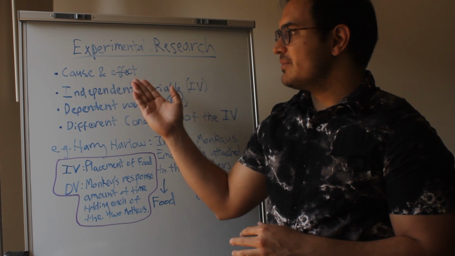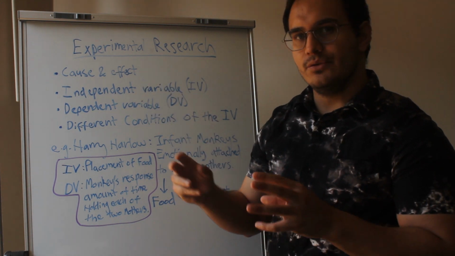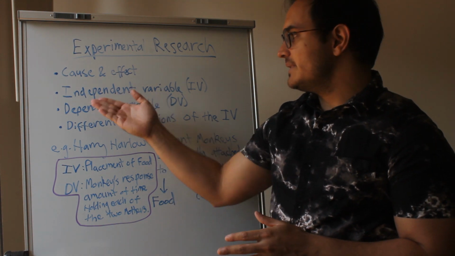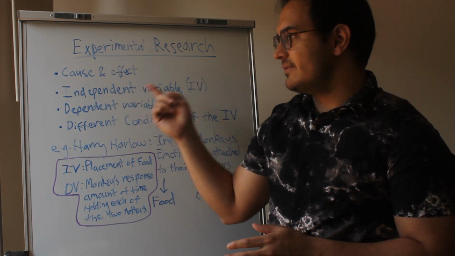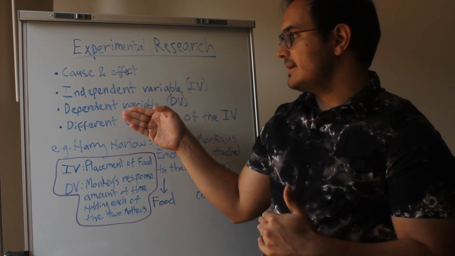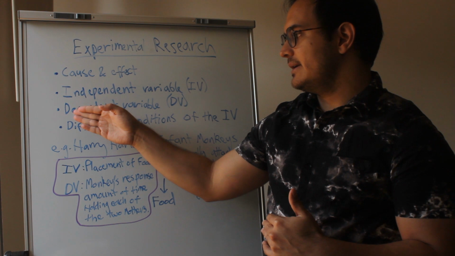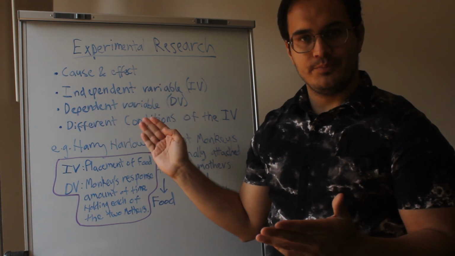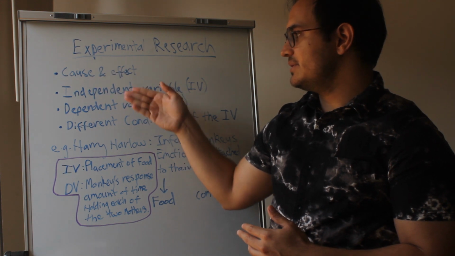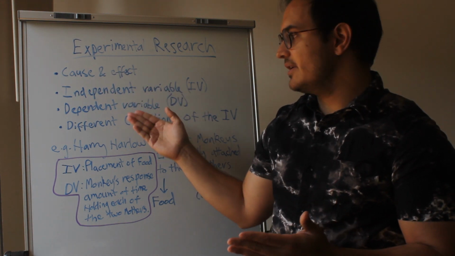With experiments, we understand cause and effect by manipulating the independent variable and seeing what effect it has on the dependent variable. That's establishing the cause and effect relationship between the independent variable and the dependent variable.